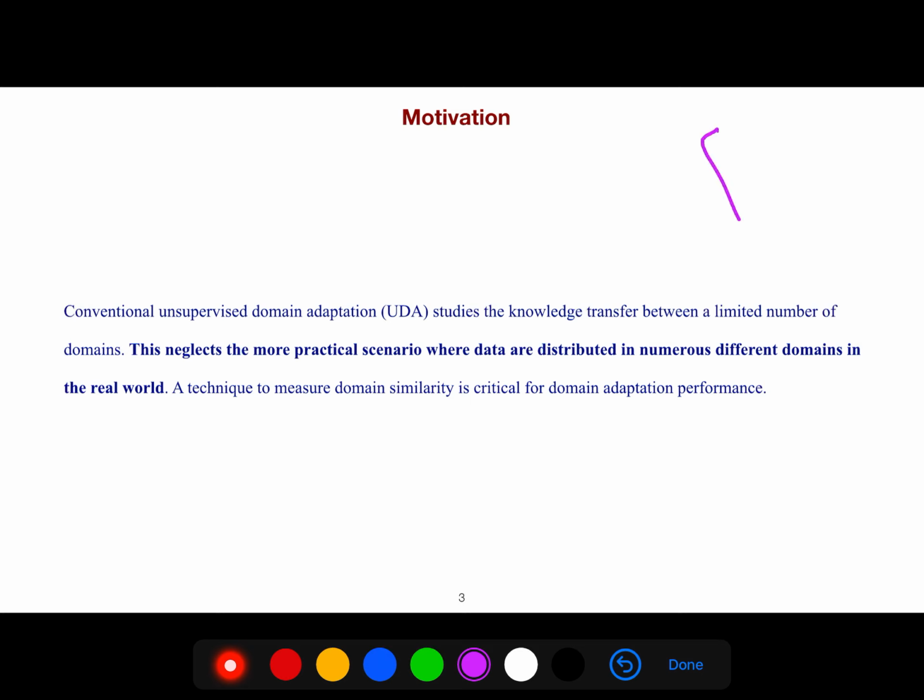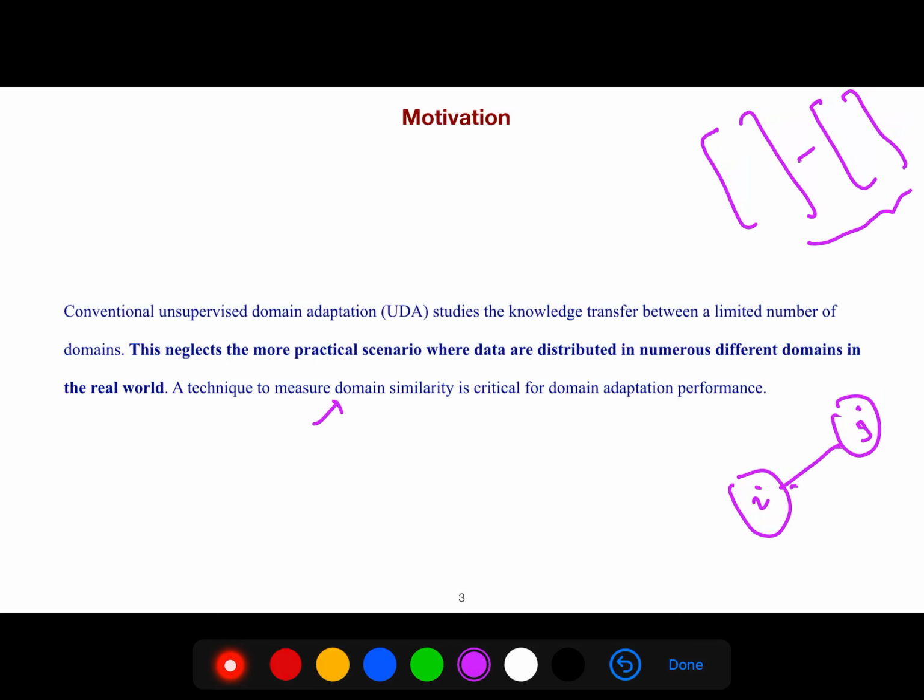Just as in word2vec, we have a technique to see the difference between two vectors, in the same way we want to measure the domain similarity. What is the difference between domain i and domain j? How similar are they?